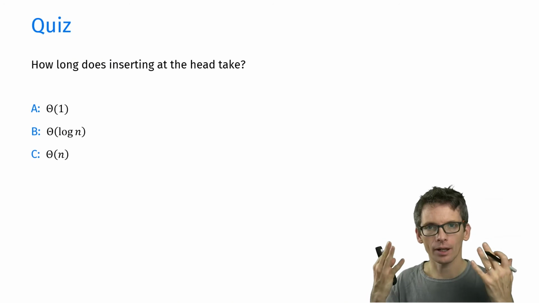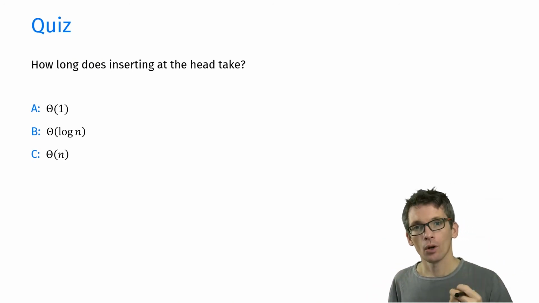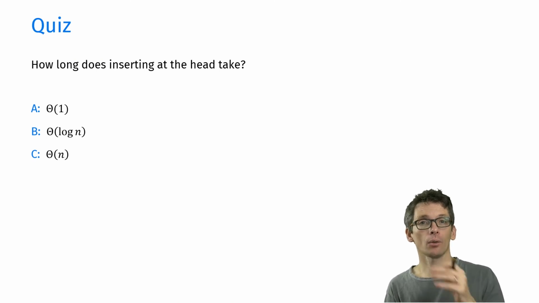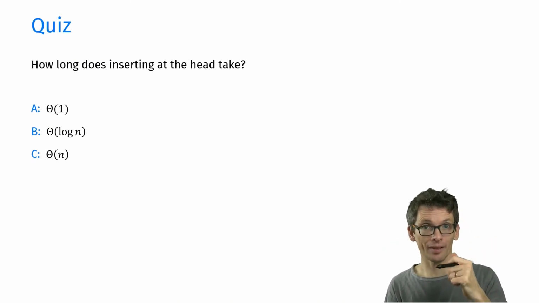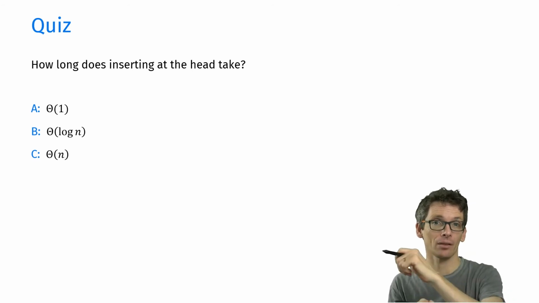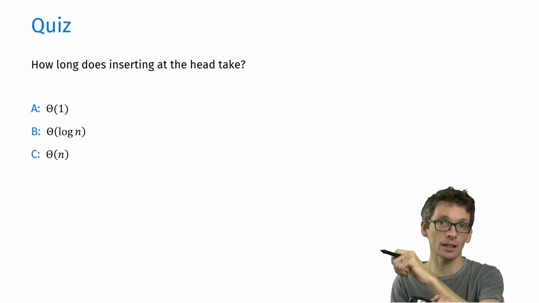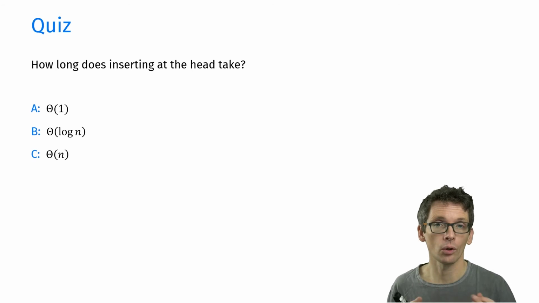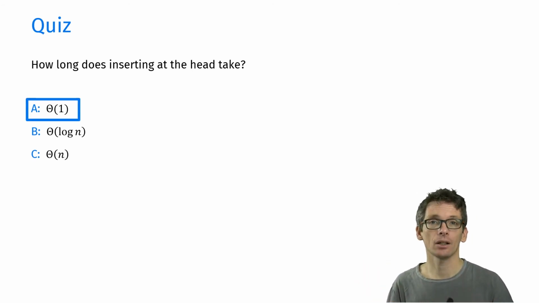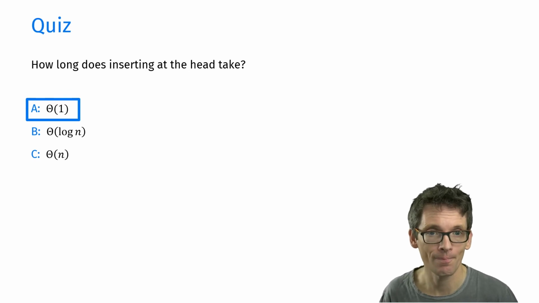And just as a reminder, what did we do? We created a new node with a new element. Now we looked at what was the old head. That would be the next node from our new element, and then we would update the head of the list to being the new node, and that was everything we did, and that we could do in constant time.